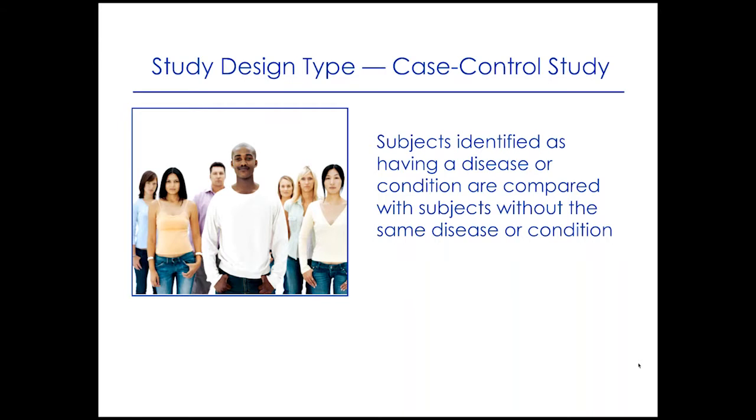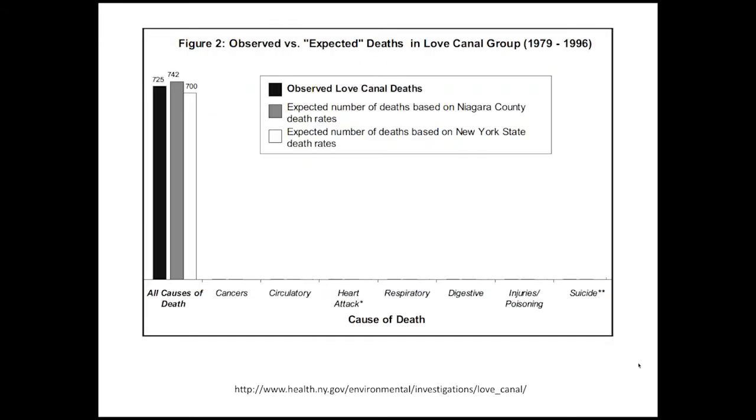Here's a fascinating example of observed versus expected. This is the Love Canal cohort, which is the group of people living around the Love Canal toxic waste site in Niagara, New York. It's a very famous site, probably started this whole field.